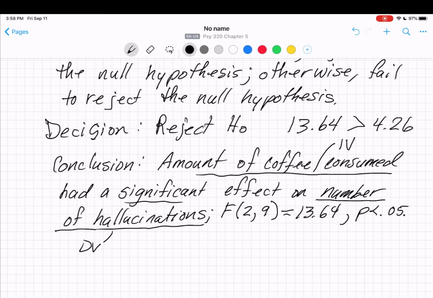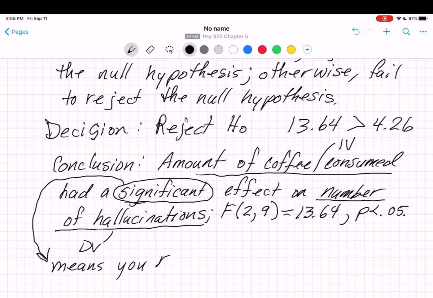Now, significant is an important code word in statistics. When somebody says they had a significant effect, it means you rejected the null hypothesis.